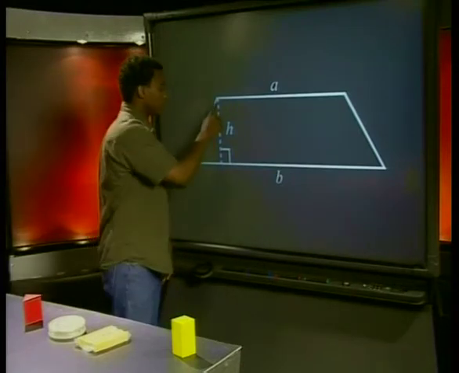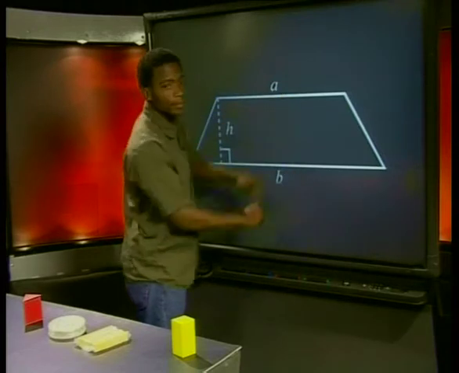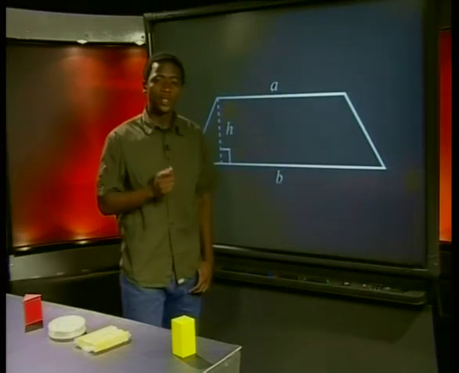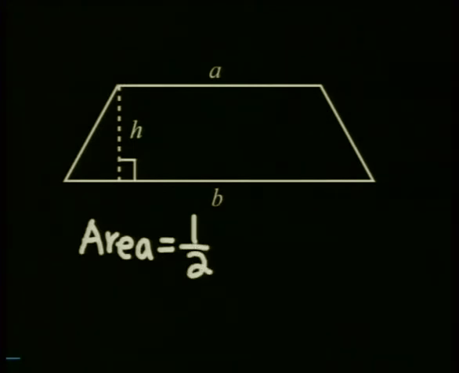It's half the perpendicular height times the sum of the two parallel sides. This is written in short as area of a trapezium equals half the perpendicular height, h, multiplied by the sum of the parallel sides, a and b.